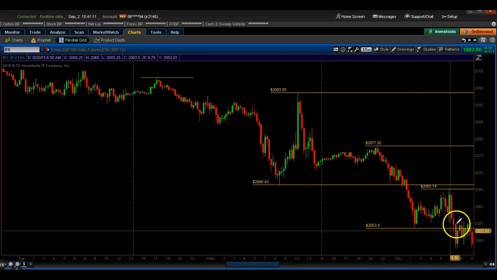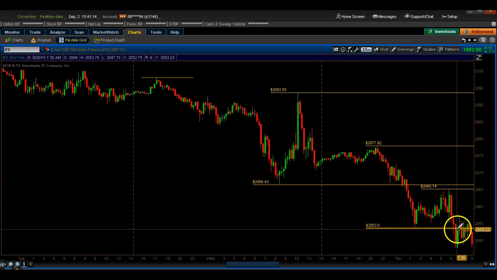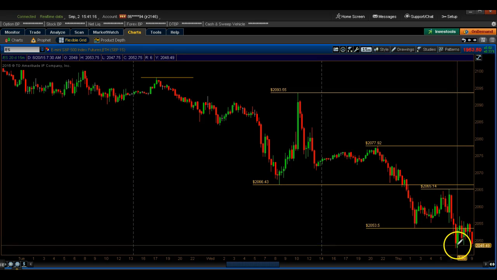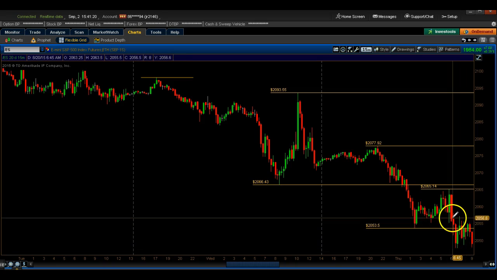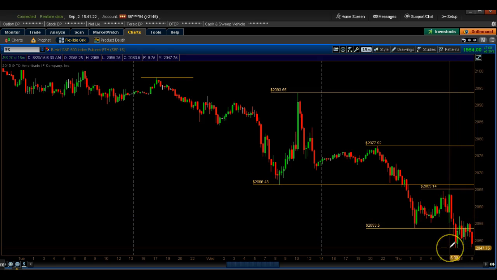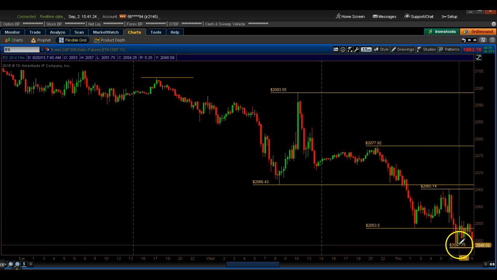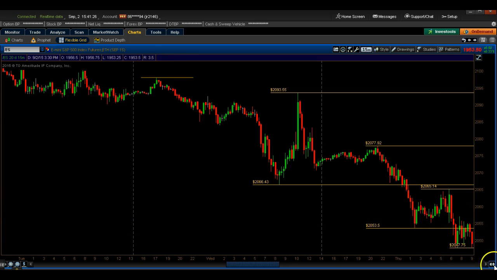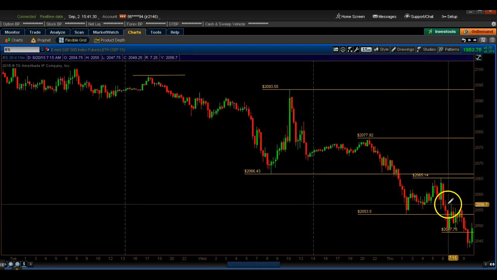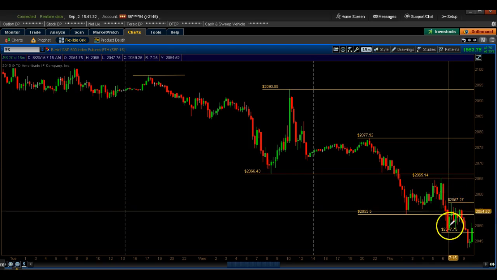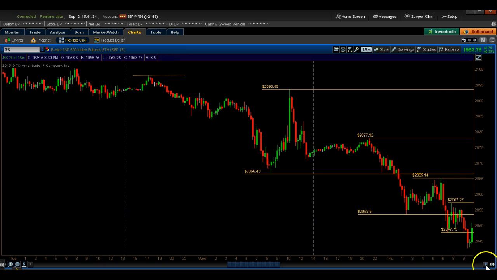So as you can see, we make a new low here, then we rally. Okay, so right here is where the high is, right? But this low needs to be taken out before we could draw a line here. And price makes a low, so now we could draw a trend line right here.